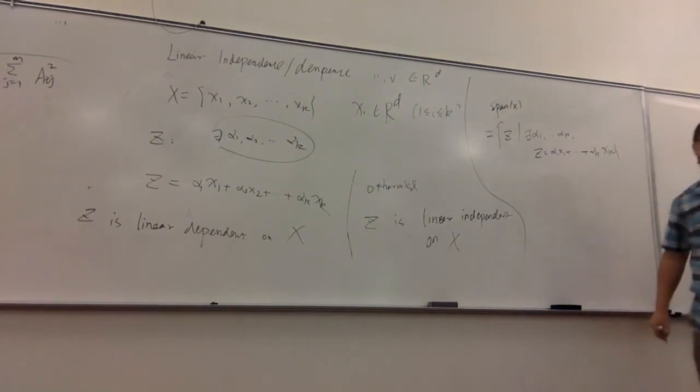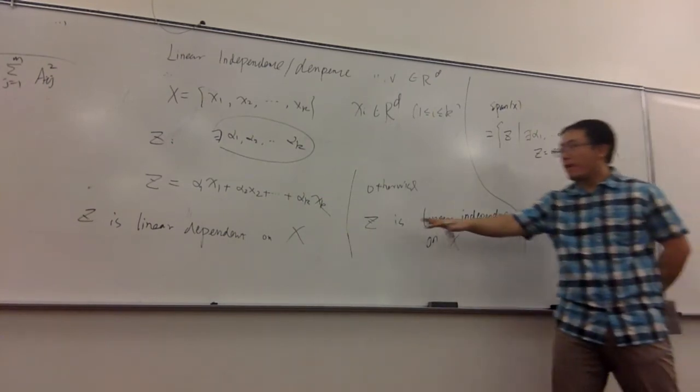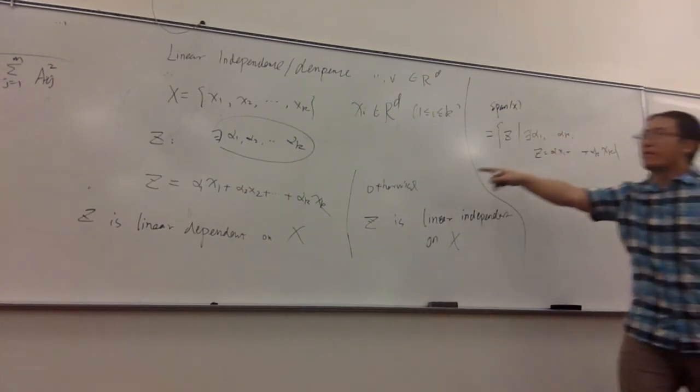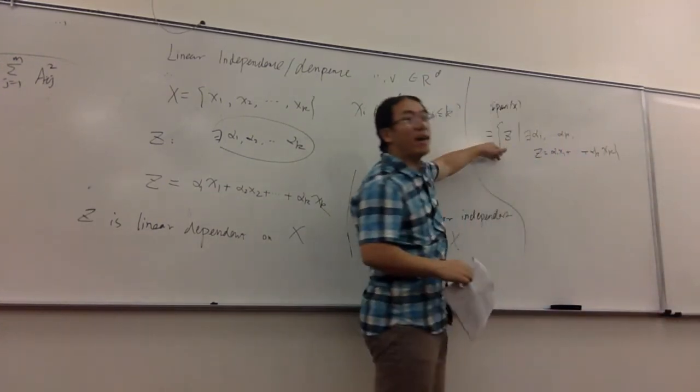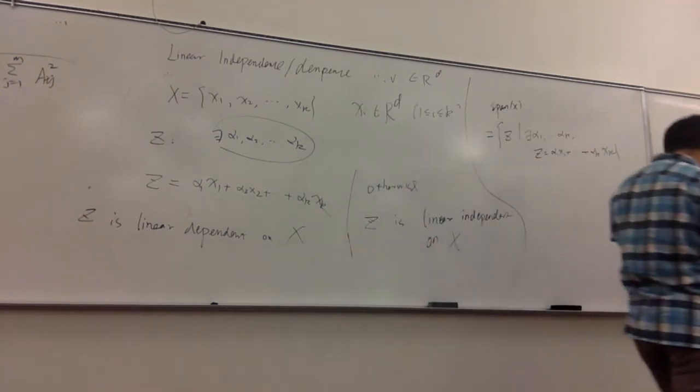This is called a span of x. And of course, if some vector z is linearly independent of x, then it does not belong to span x. So this is the concept of linear independence.